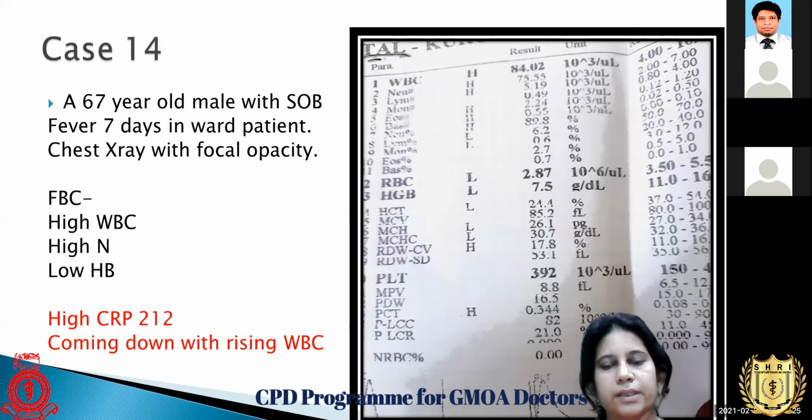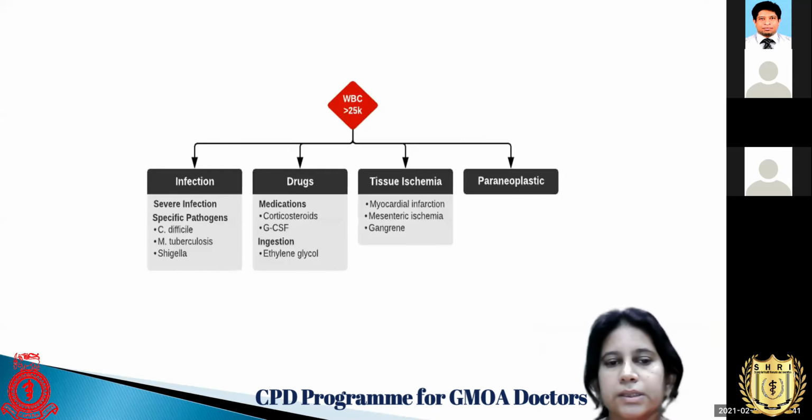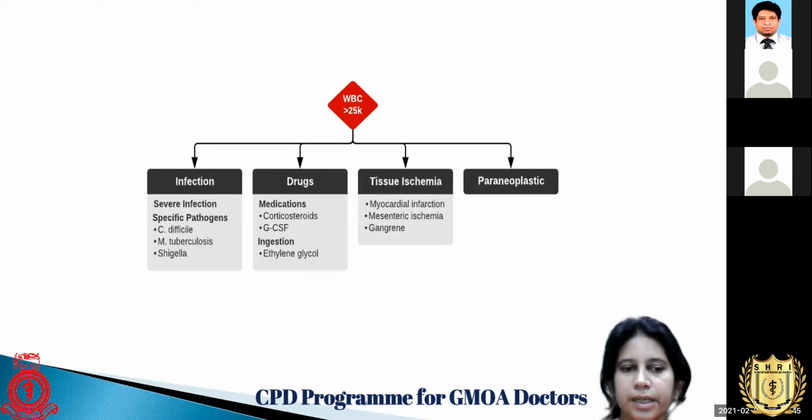So this is a very common condition when we see very high WBC count with normal CRP in cryptic abscesses like lung abscesses, your CRP comes down, but your WBCs rise up. So these are the causes for leukemoid reaction, severe infection including TB and drugs like GCSF.